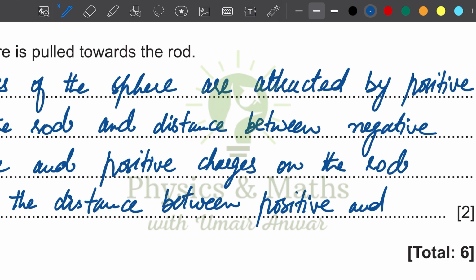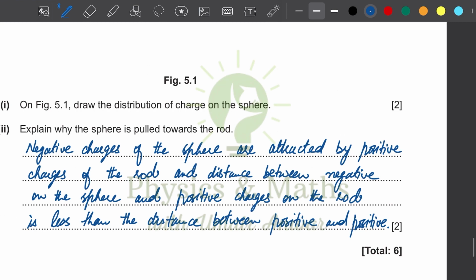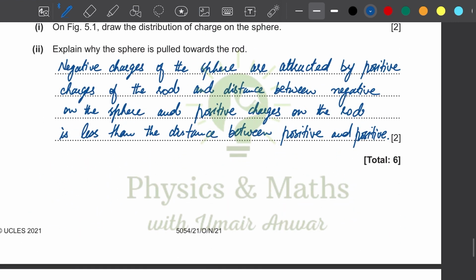So that is why the repulsive forces are not as strong as the attractive forces. So that is why the sphere is attracted towards the rod. So the question ends here with this part.